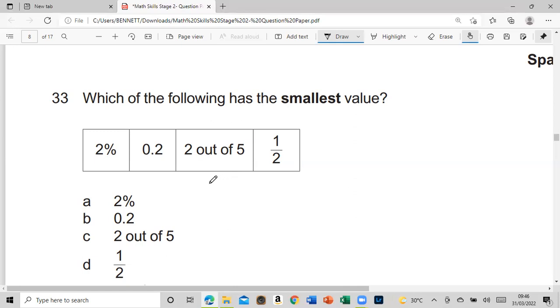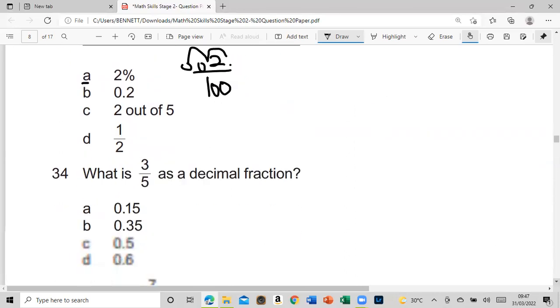So 2%. 2% is the same thing as 0.02. Yes, 2%. And 0.2 is bigger. 0.2 is actually 20%. Just don't look at it and convert it first.